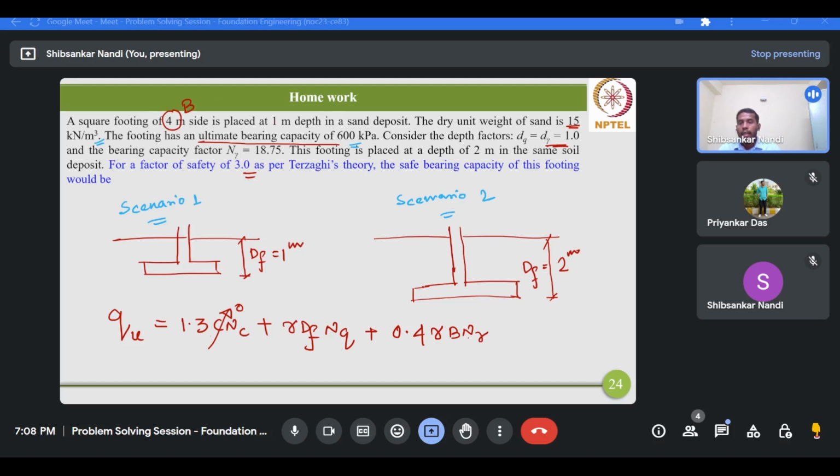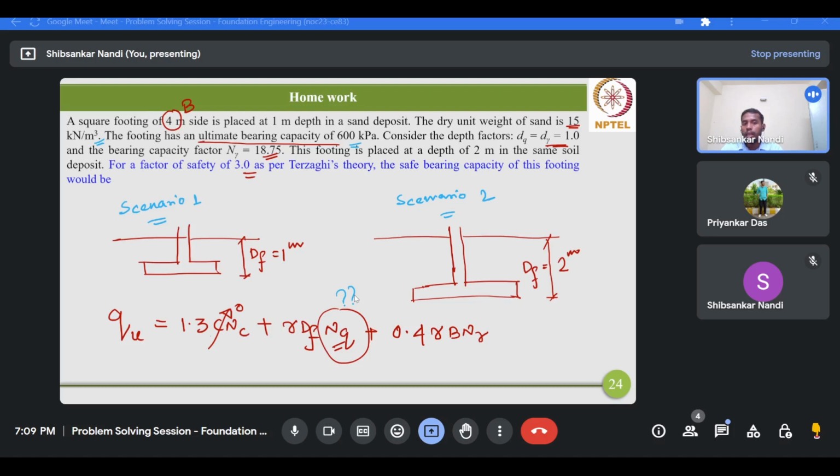Then what is N gamma? N gamma is given as 18.75. Now what is Nq? Nq is the only unknown for solving this problem. So first you have to determine this value by utilizing the given data. As the ultimate bearing capacity corresponding to scenario 1 is given, you can utilize that data to determine Nq, and this Nq would remain the same for the second scenario, as the footing is placed in the same soil deposit.